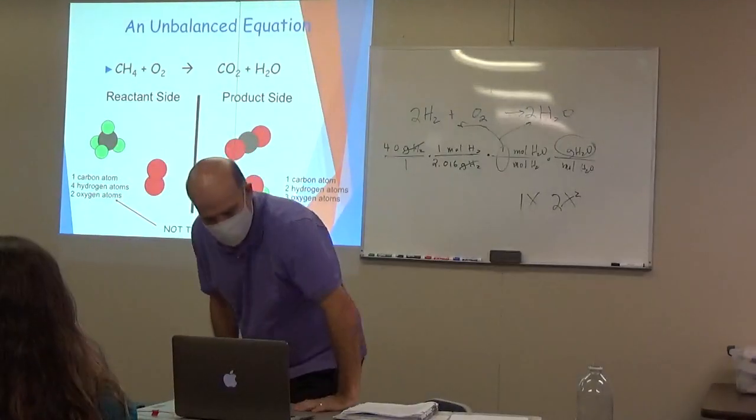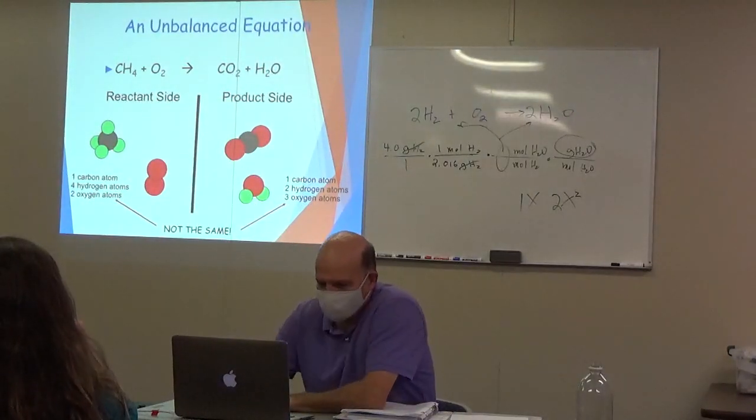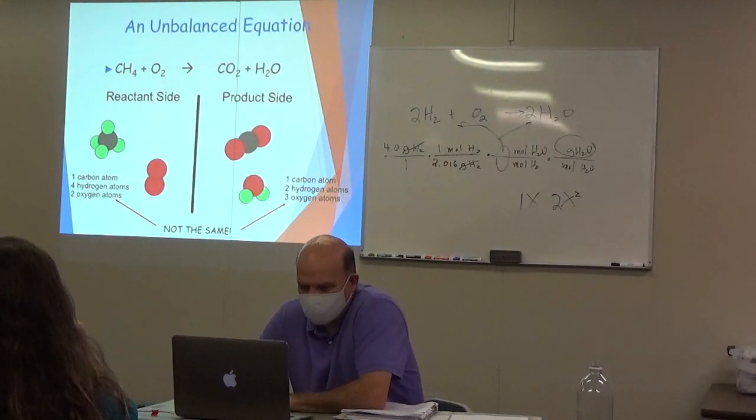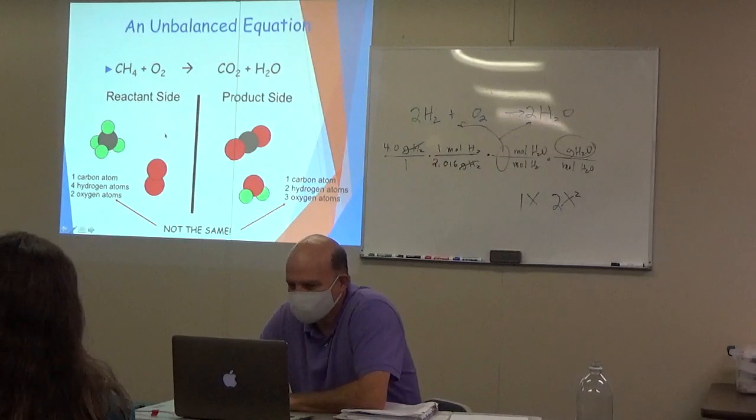gets doubled. So, if you look at what we have, we've got 1 carbon, 1, 2, 3 oxygen, 2 oxygens, 4 hydrogen, 2 hydrogens. So it's not balanced, right?